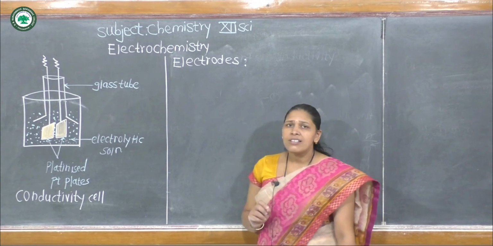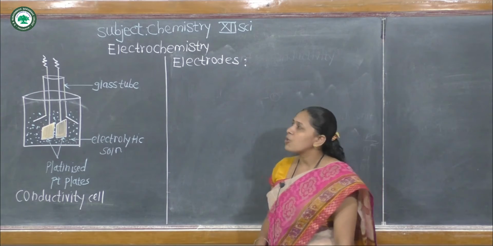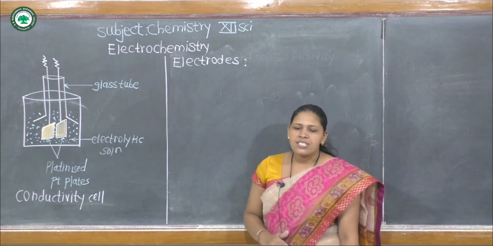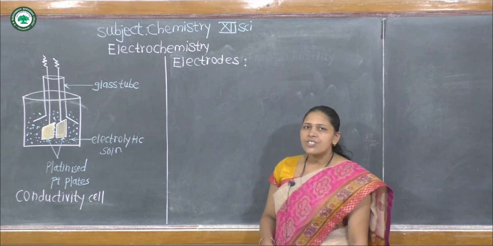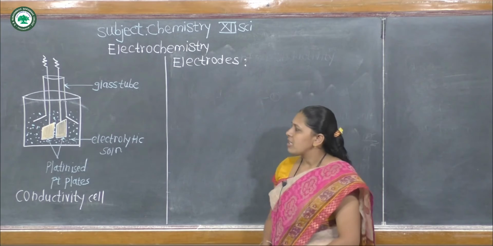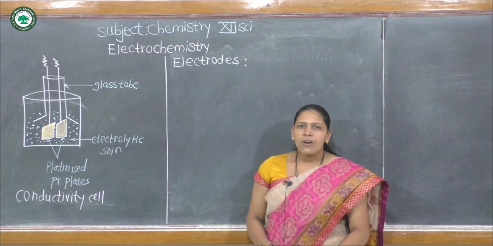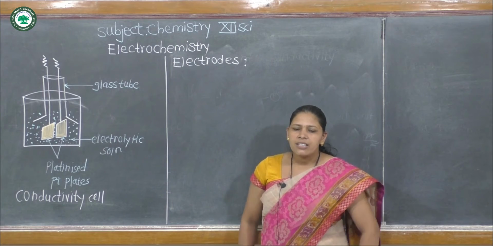Then what is the exact meaning of electrode? Electrodes are the surfaces on which oxidation reaction or reduction reaction takes place. Electrodes may or may not participate in the electrolytic reaction.